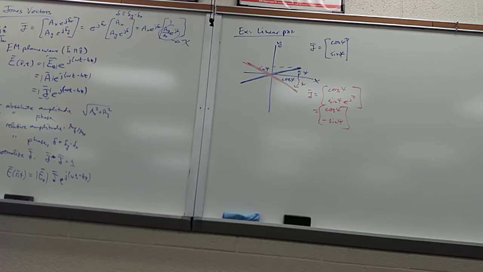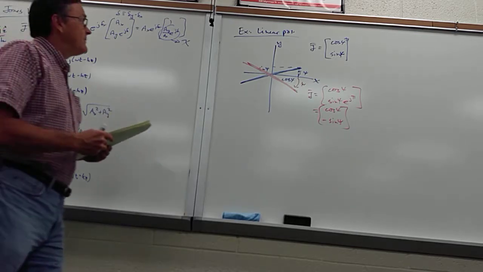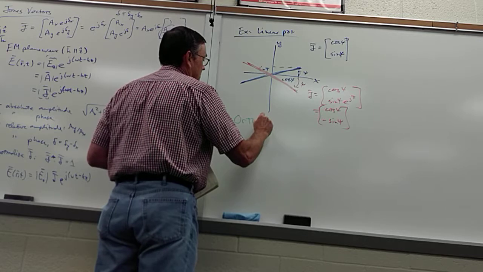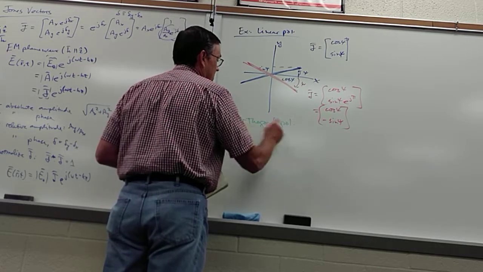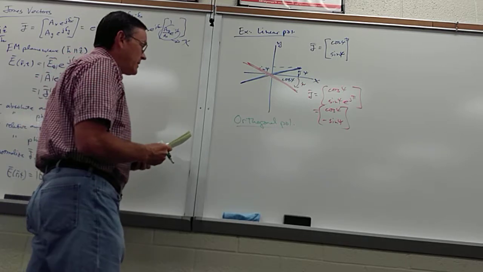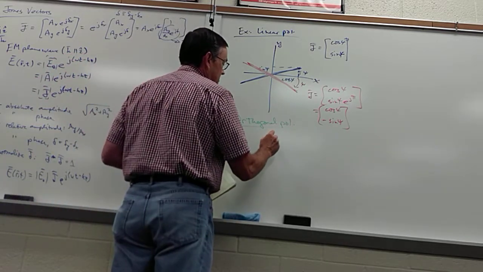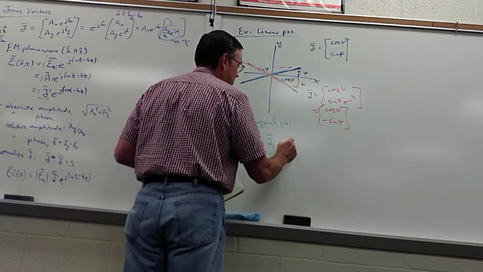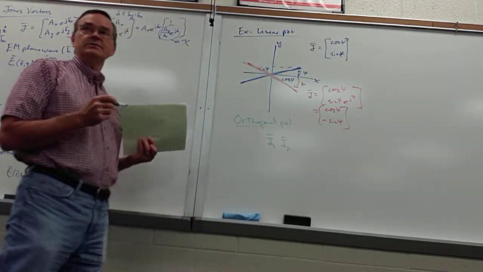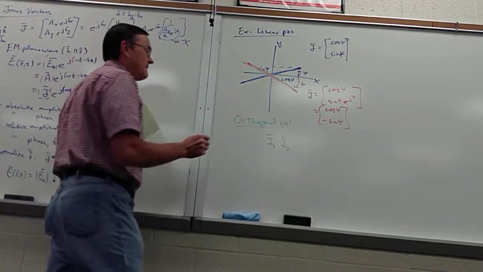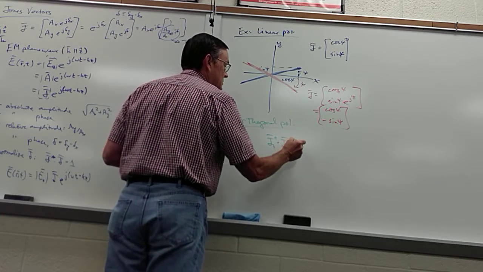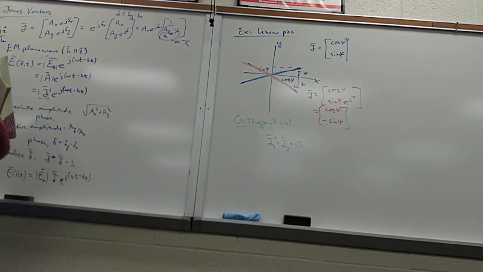Now, very often we worry a lot about orthogonal polarizations. We say that a polarization represented by Jones vector 1 is orthogonal to a polarization represented by Jones vector 2 if I take the complex conjugate of Jones vector 1 dotted into Jones vector 2 and the result is 0. Then the two states are orthogonal.